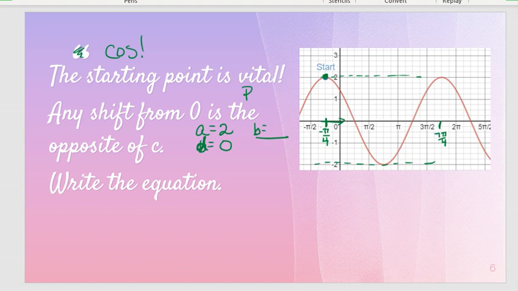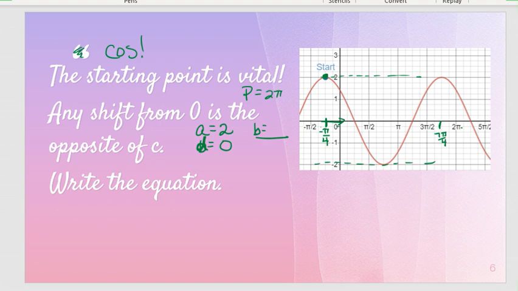So this is located at 7 pi over 4, but our period's not 7 pi over 4. Our period is still 2 pi because the distance between 0 and 2 pi is exactly the same for negative pi over 4 and positive 7 pi over 4. So our period is still 2 pi.